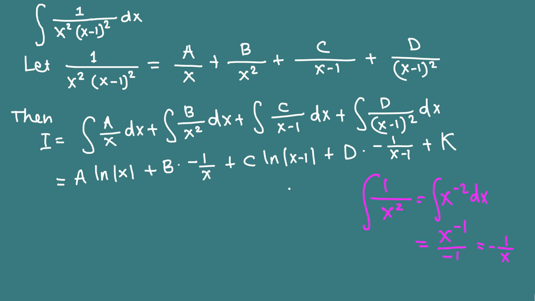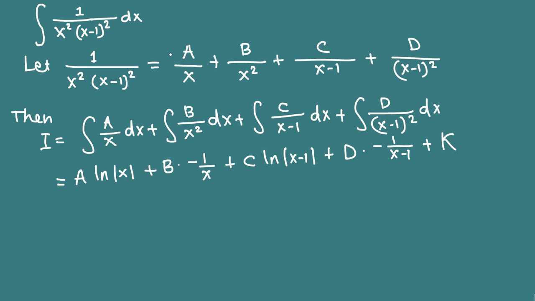Now let me simplify, and finally we do the algebra work and find the values of a, b, c, and d. Come back here, plug in, and we get the final answer. In fact, the calculus part is over. All we have to do is algebra to figure out the values of a, b, c, and d.